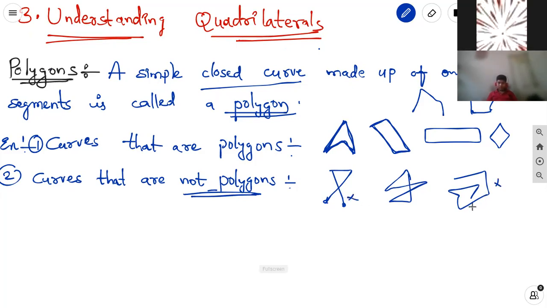This one is also not a polygon, because it's not a simple curve. It's closed but it's not a simple curve, so it is not a polygon. A curve that is simple and closed with line segments is called a polygon. That is the definition you should remember.